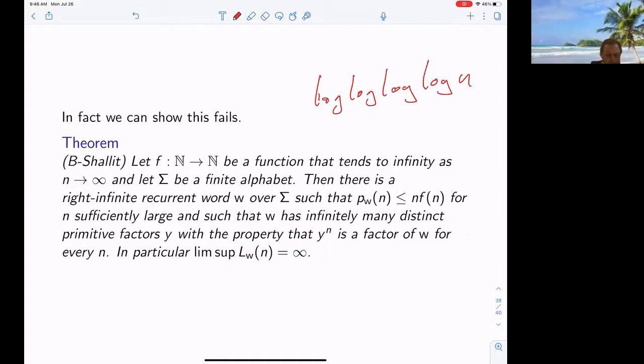Then there's a right infinite word whose factor complexity function is bounded by n f(n), which has the property that it has infinitely many distinct primitive factors y such that y to the n occurs as a factor of w for every n. So in particular, from the proof we gave earlier on, that shows that the Lie complexity function is unbounded, that the lim sup is infinite.